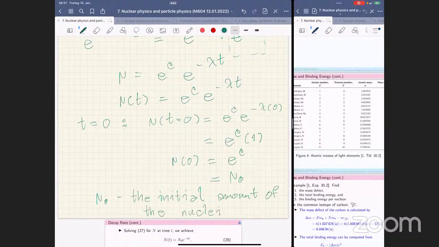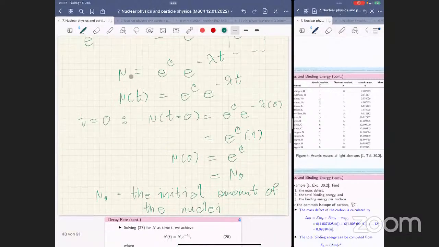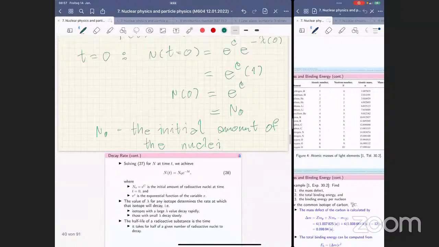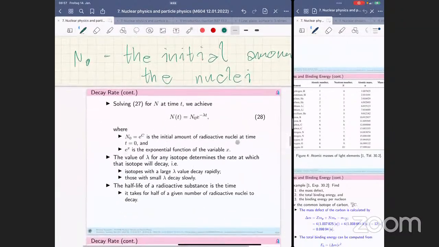Okay, N is the amount of nuclei at time t, at any time. Yeah, that's different, and therefore we end up with this result in equation 28.